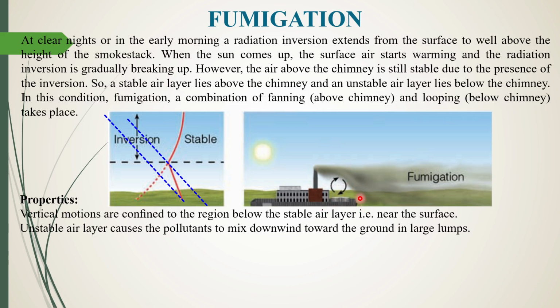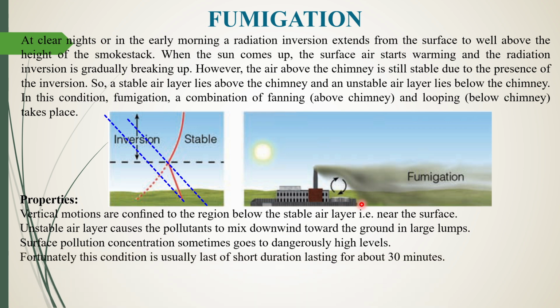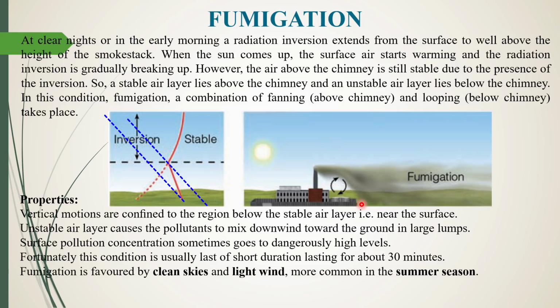The pollution concentration is high near the source, and sometimes surface concentration goes up to dangerously high level. But this condition usually lasts for only a short duration, only about 30 minutes. So this is fortunate for us.